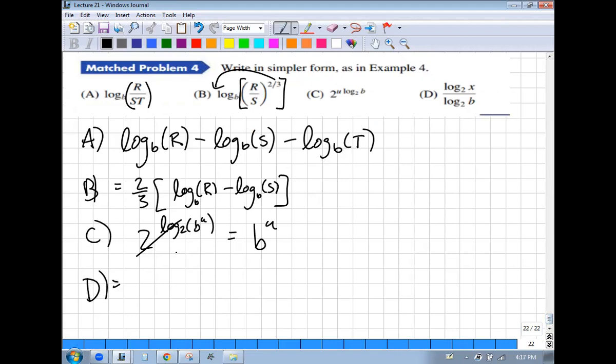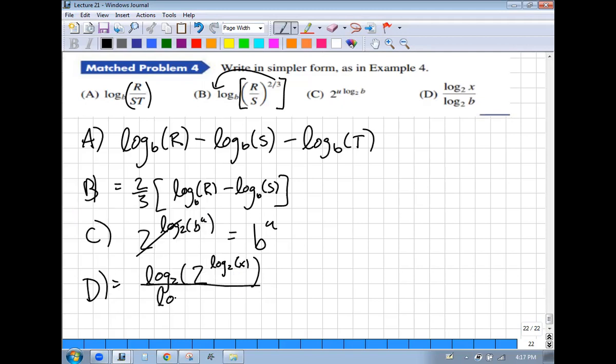D. You can't do anything here, but what we can do is replace this x with a 2 to the log base 2 of x. See, those undo one another. This is just x. That's what that is. We're just rewriting x like that. Okay?